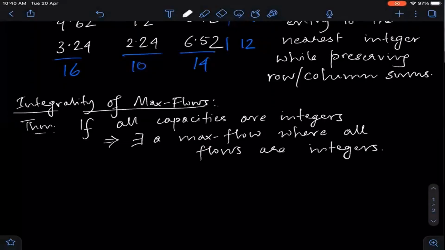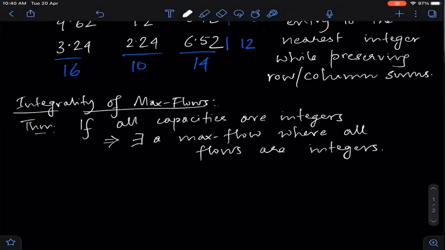Let's see how much you have done at home. So the question hopefully is clear to everyone, right? So if all the capacities are integer, then I claim that there exists a max flow which is also integer, with integer numbers on every edge.